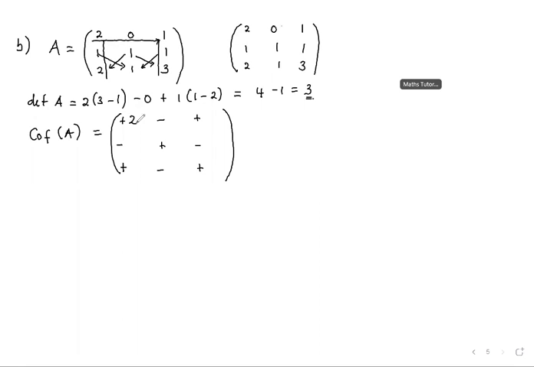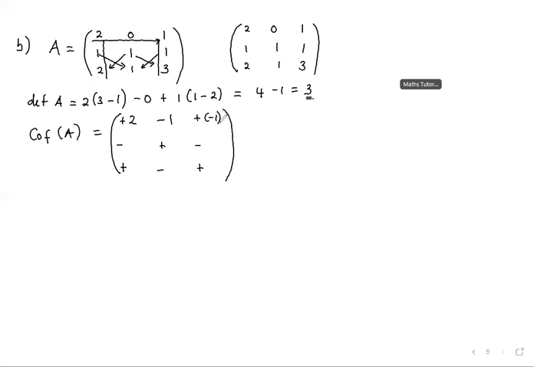We go to 0, cancel each column and each row, and get the determinant of the remaining matrix. So 1 by 3, that is 3 minus 2, we get 1. And then we go to the third number, cancel each column and each row. Then we have 1 minus 2, which is negative 1.